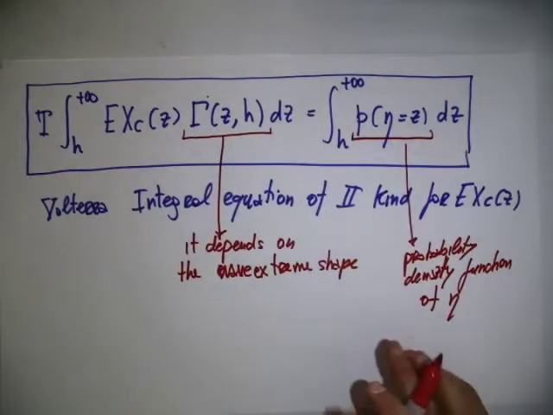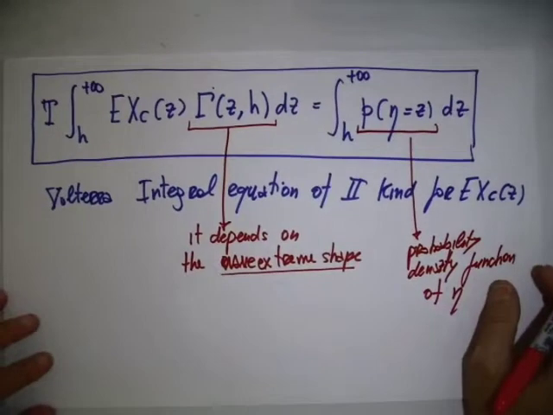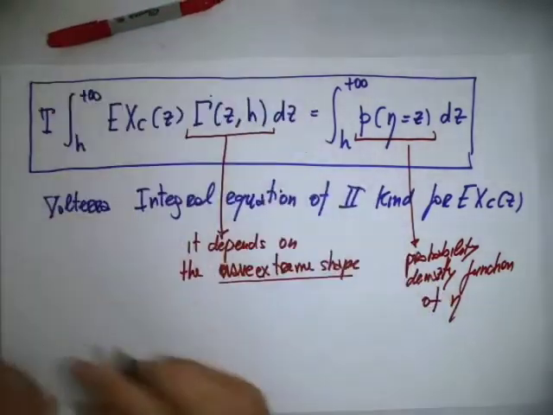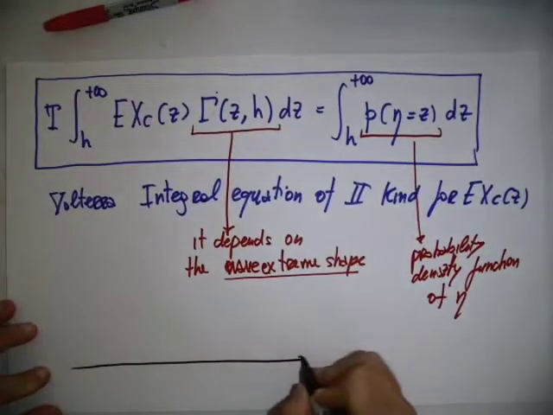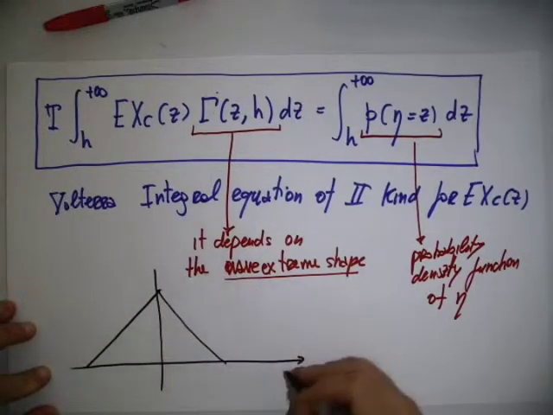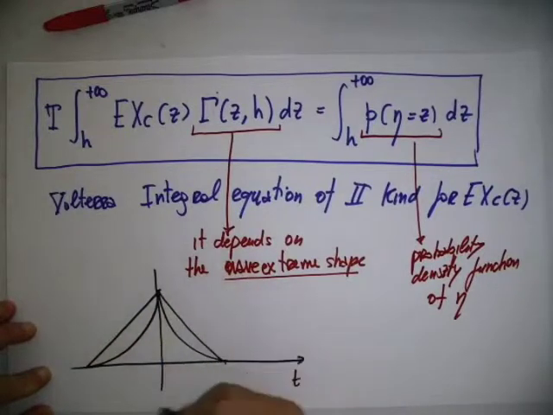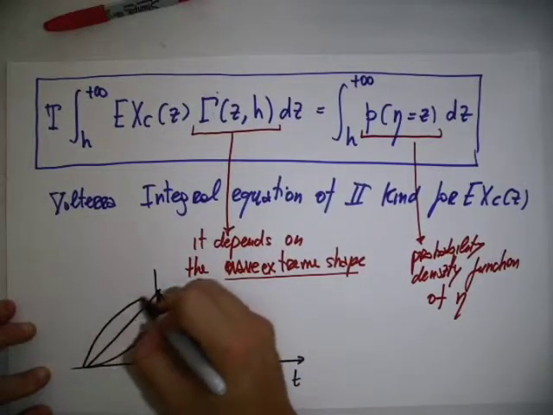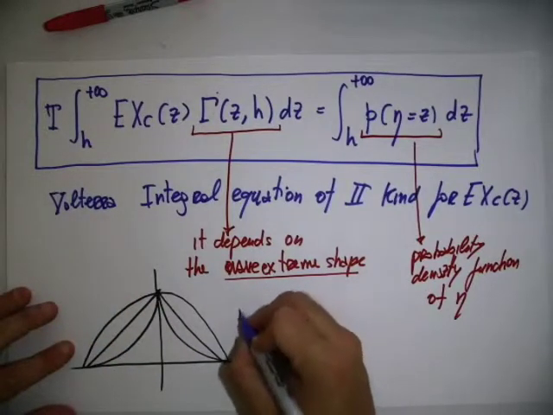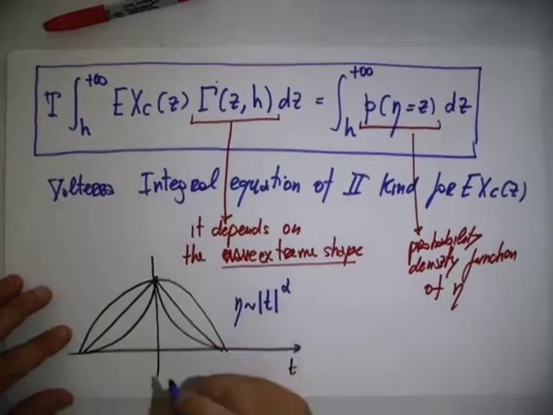Or for special cases, if we can characterize a special shape of wave extremes, this integral equation can be solved. For example, you can consider a triangular shape, or a cusp shape, or a parabolic shape. For example, this is when eta is proportional to t to the power of alpha.